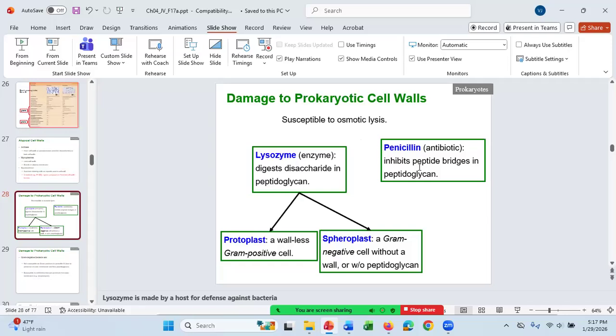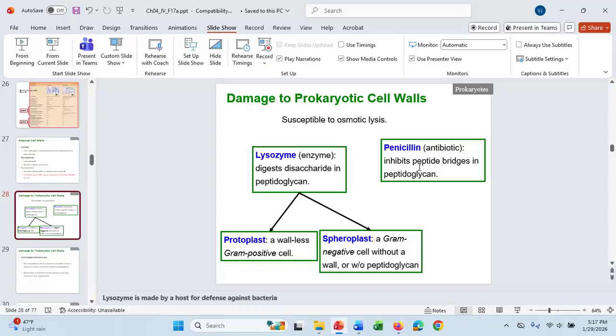Of course, that means the cell has to be in an environment where there's more water outside the cell than inside the cell. Bacteria often find themselves in environments like that, such as the bacteria in your blood.